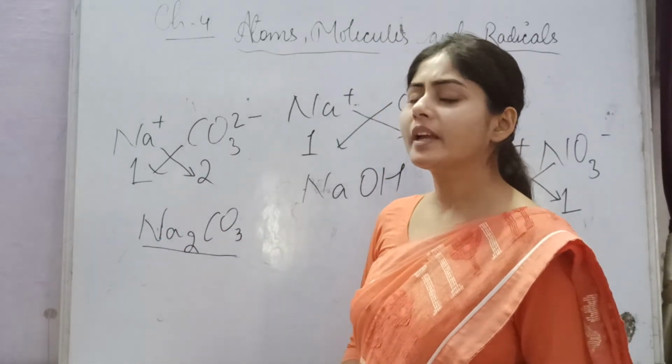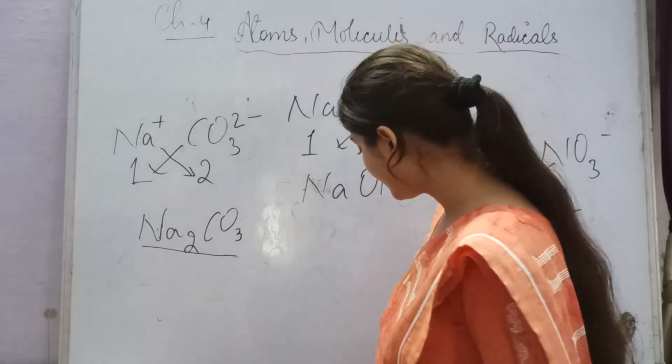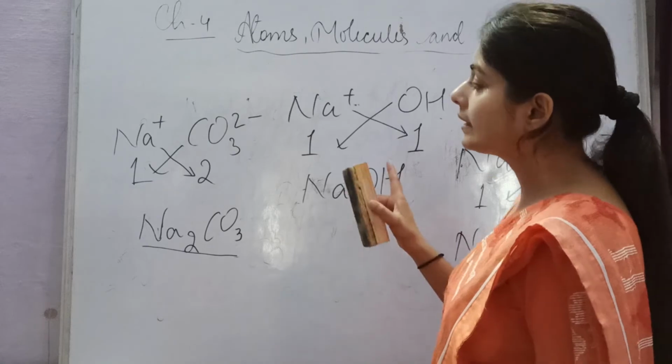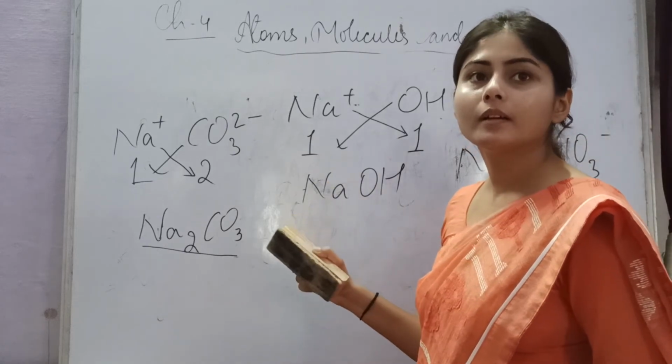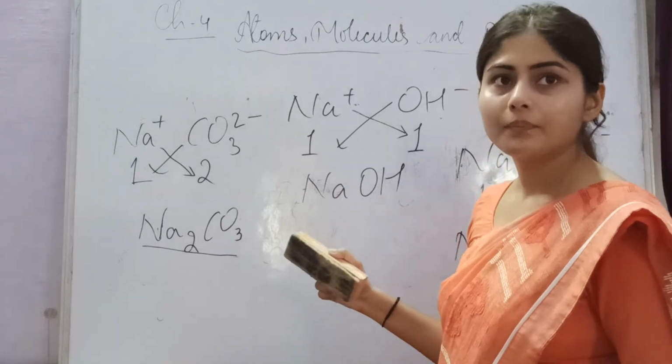Right, everyone? You felt the difficulty in doing the iron sulfate compound by cancelling the charges. The same compound we will do by this method also, but in a much easier way.